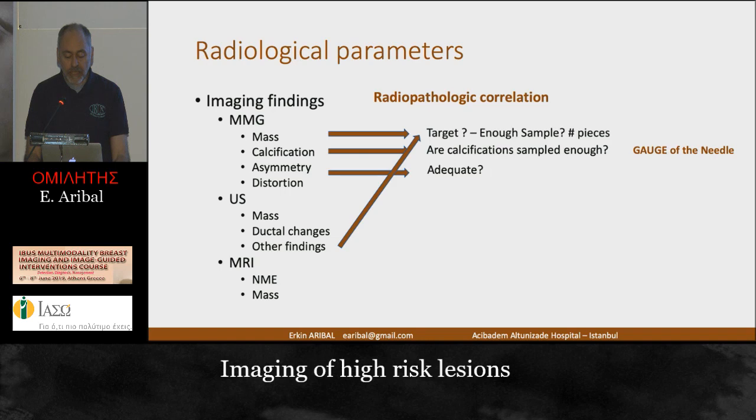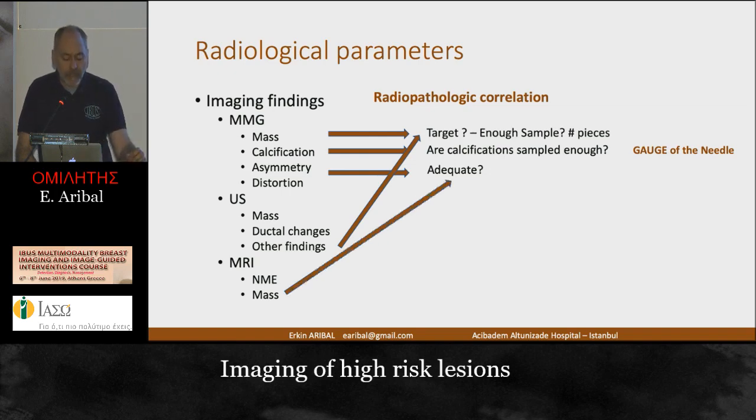Again, with other findings and ductal changes in ultrasound, it's very difficult to target them, so you must be sure to target them, or after the biopsy, you should place a marker there. When you need a second look, you must find exactly where you did the biopsy.